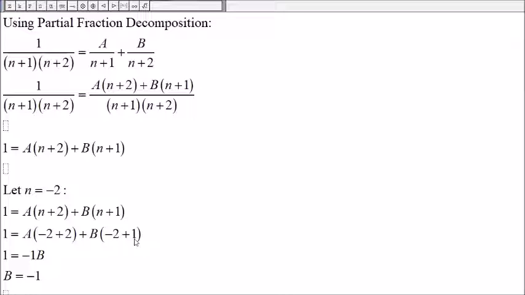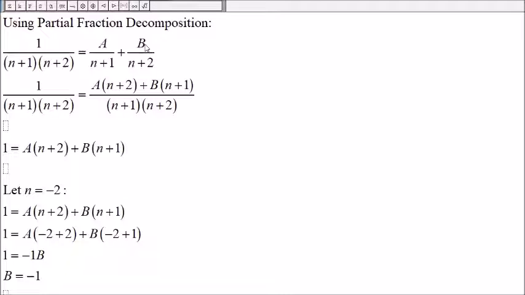Negative 2 plus 1 is negative 1, so we get negative 1 times b equals 1. Multiply both sides by negative 1, and then we get b to be negative 1.